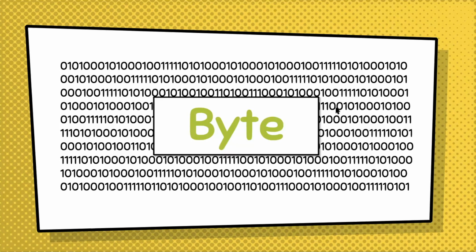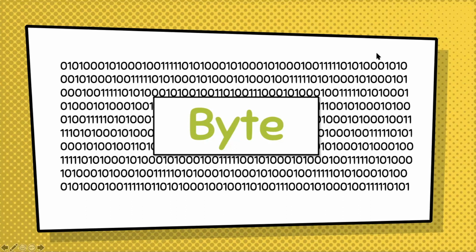Because 0 1 0 0 1 is so fine-grained, we want something a little higher level, a little more abstract, which is also the smallest unit of memory. We call it a byte. So 1 byte is composed of 8 bits.